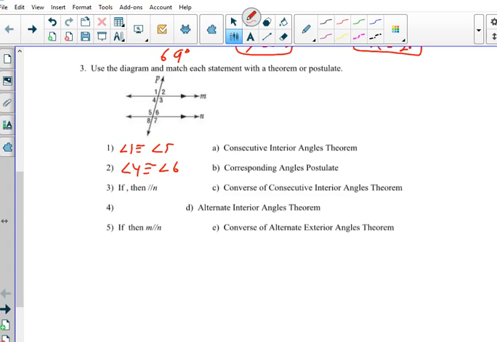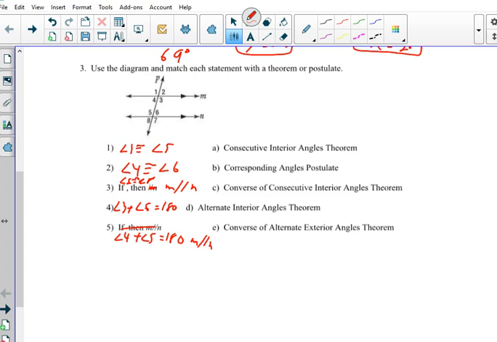This is if angle 2 is congruent to angle 8, then M is parallel to N. And this says angle 3 plus angle 6 equals 180. And this says if angle 4 plus angle 5 equal 180, then M is parallel to N. So now let's do some matching. Sorry for that screw up there, something in printing.